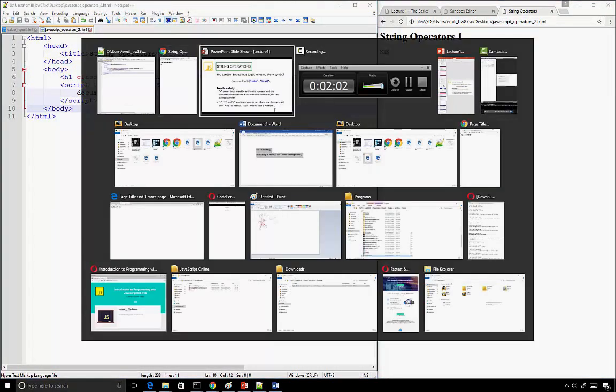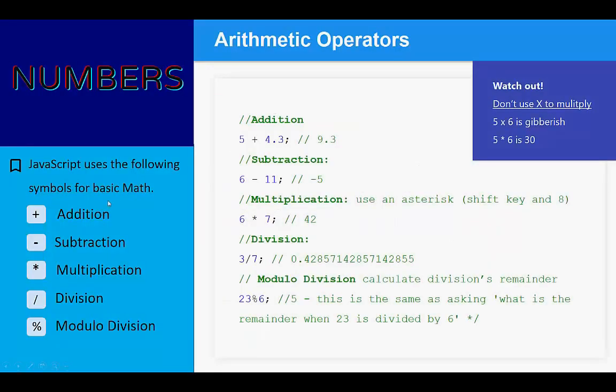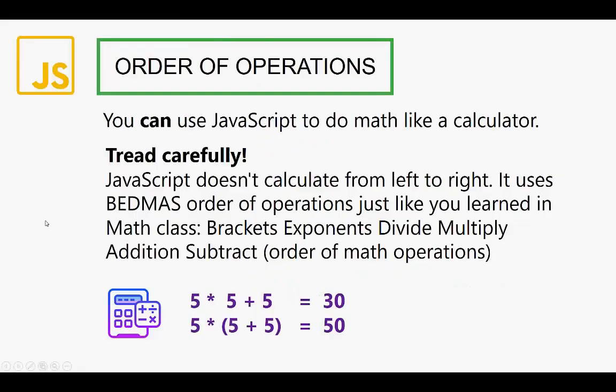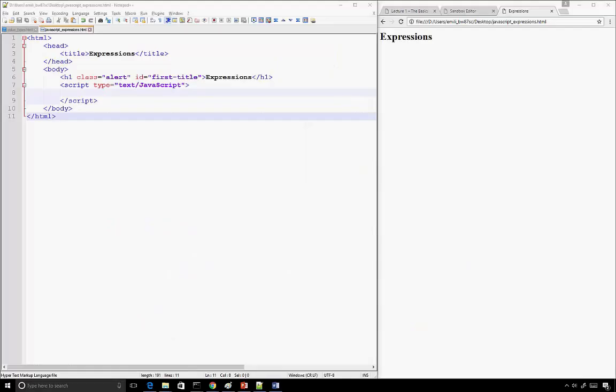So again, the operators we've looked at are plus, minus, multiplication, division, modulo division, and then reuse that plus sign to bring two strings together. And that's the string operator, pretty straightforward. So I've put together another file, same way we've done it already.